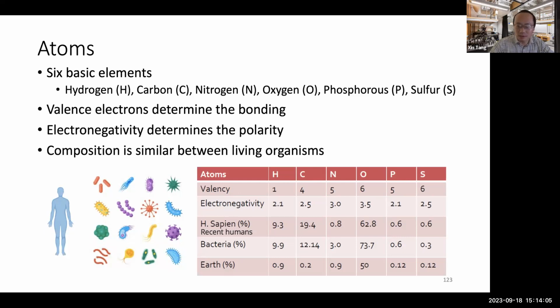And those bonds together give rise to the monomers we discussed, amino acids, nucleic acids, those monomer basic alphabets. Okay, and then they can further form bonds to get to the polymer, to get to the secondary structure and the tertiary structure.